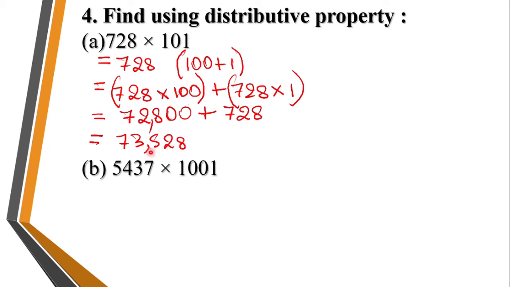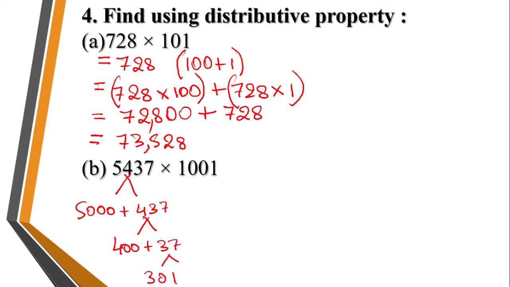Now the next question is 5,437 into 1,001. Again, if you split 5,437, it's a bit difficult. If you split it, we will get 5,000 plus 437. Again, if you split 437, we'll get 400 plus 37. And if you split 37, we'll get 30 plus 7.